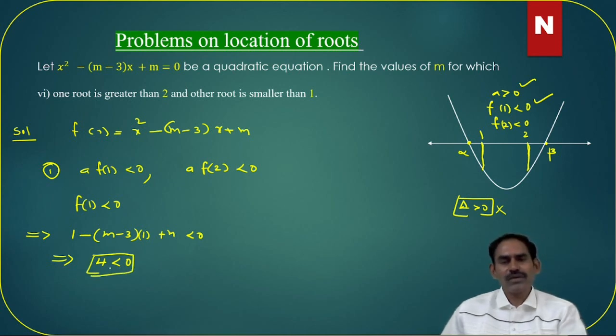Therefore, we have to leave this here only. So there is no such value of m satisfying this. This is a contradiction statement. That's why no such values of m satisfy the given condition. Therefore, answer is m belongs to null set. Need not simplify this also. Why? 4 is less than 0 is not possible. That's why this is enough here.